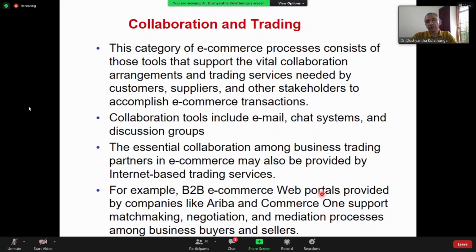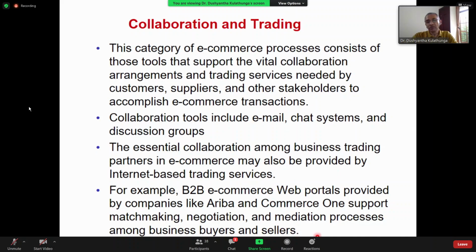Now these e-commerce web portals or e-business exchanges, whatever term we utilize, are being managed by third parties. Usually independent third parties create these particular portals, enabling business buyers and business sellers to interact with each other.